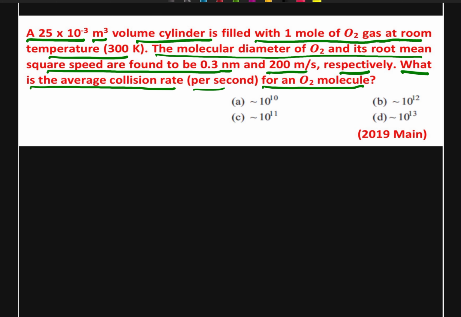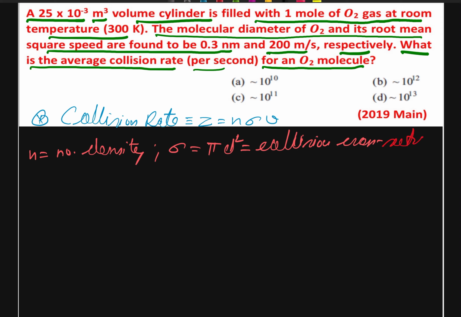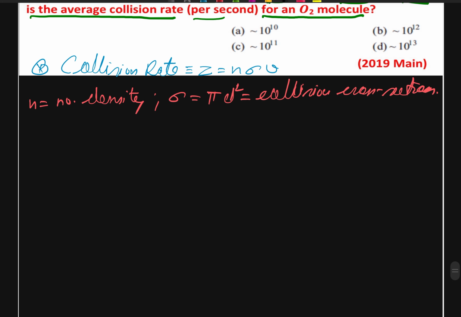We can say that our collision rate, that is Z, is equal to N sigma V. Here N is our number density, and our sigma is pi d square, which is also called the collision cross section, and V is approximately equal to V RMS.